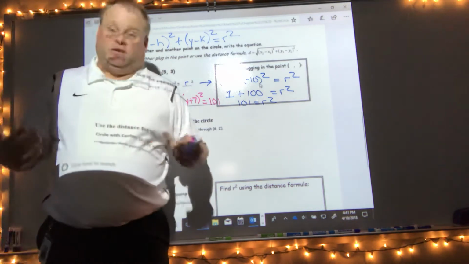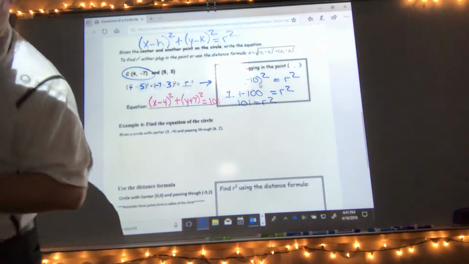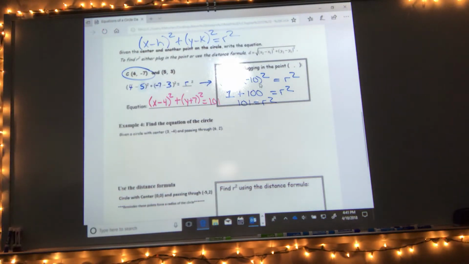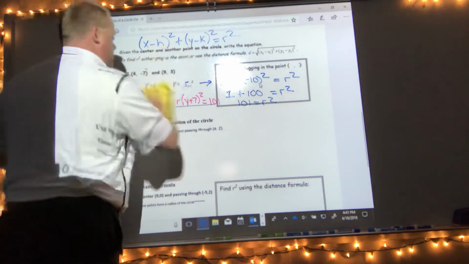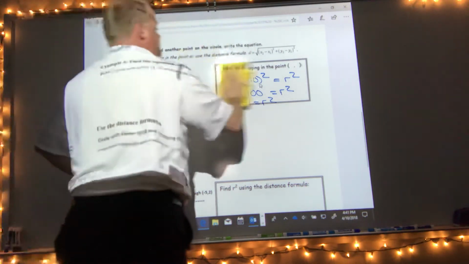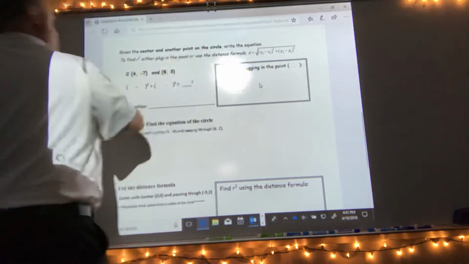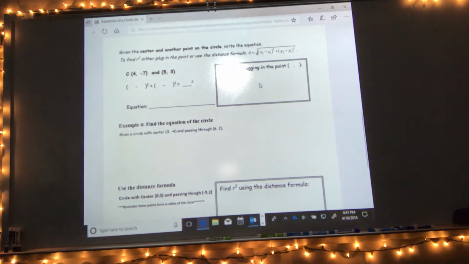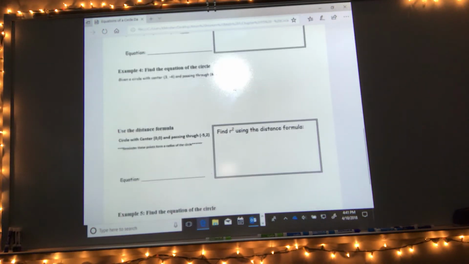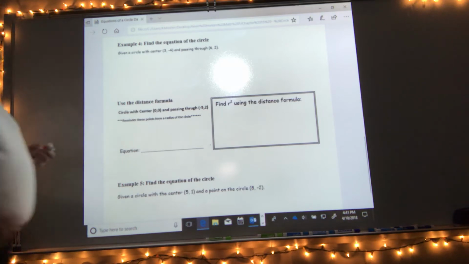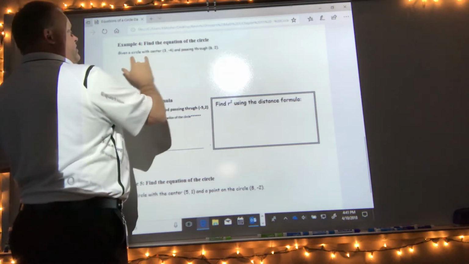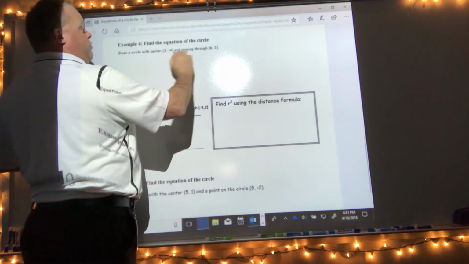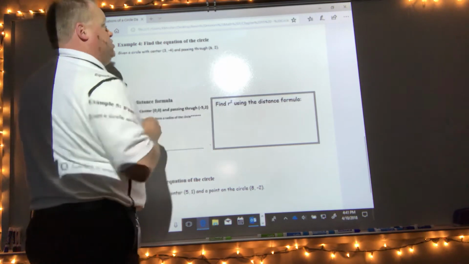All right, so let's do an example. Okay, so scrolling up, doing that example. This one says, find the equation of the circle given a circle with center 3, -4 and passing through the point 6, 2.